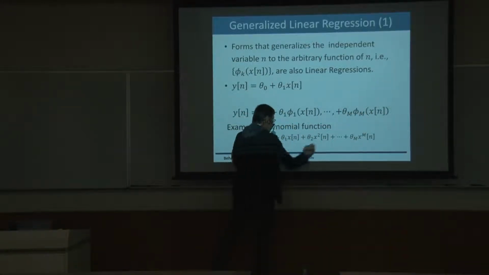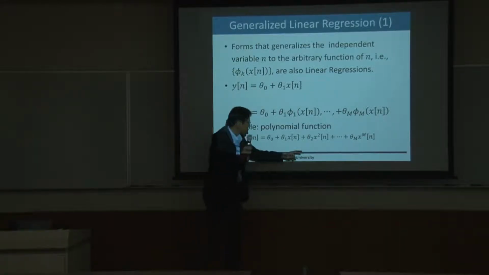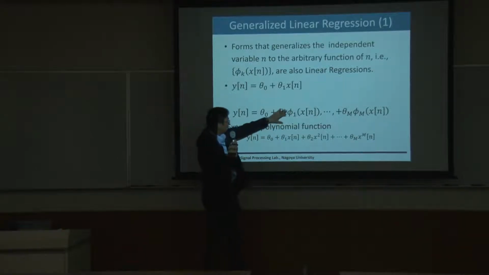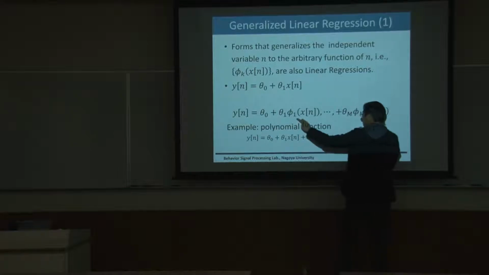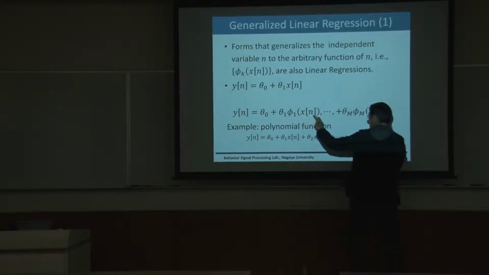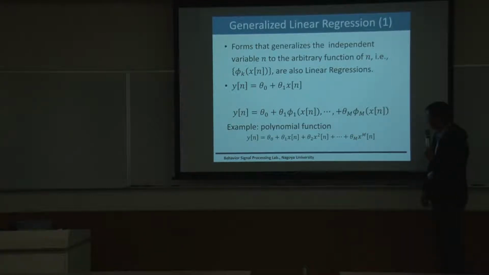These can also be regarded as linear regression and further extended by replacing x squared with a general function phi 1 of xn or phi 2 of xn, things like that. So you get this idea?